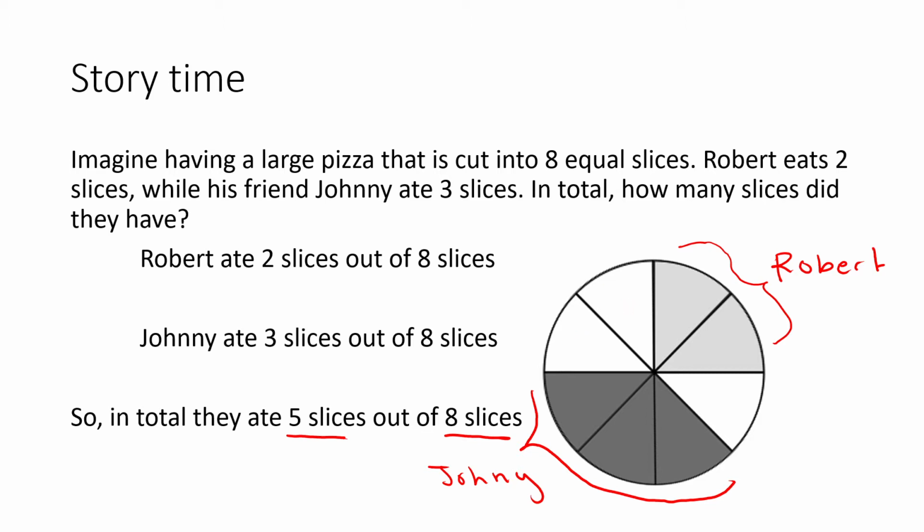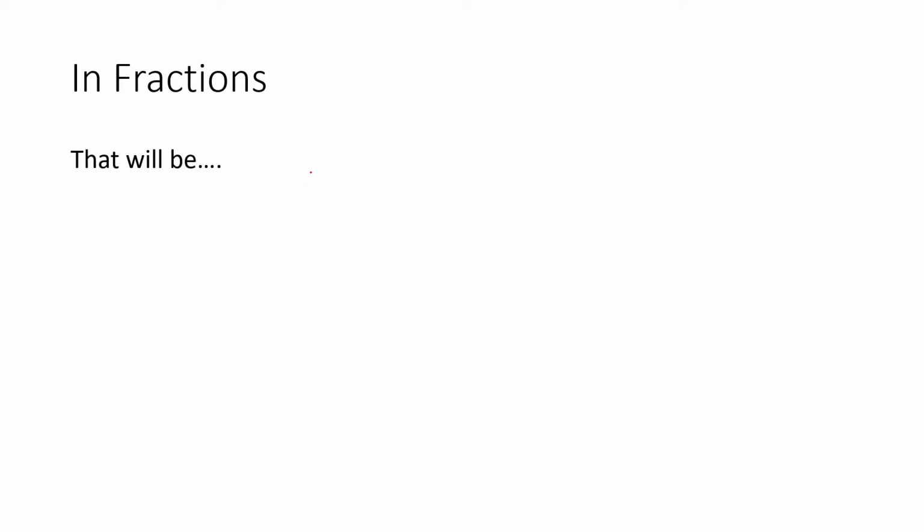But let's interpret our story in fractions. Robert in fractions will be 2/8, plus Johnny's 3 out of 8, is equal to 5 out of 8.